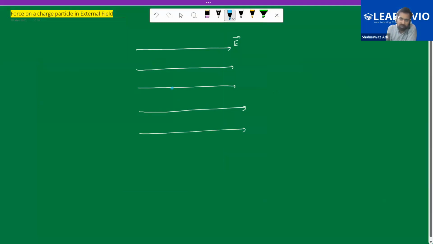This is positive, so it will experience some force in the direction of the electric field, which is this direction. This force would be equal to QE, so it will experience the force on the right-hand side. If I have a negative charge, then what would be the force? Would the force be in the direction of the field or against it? What would be the force?